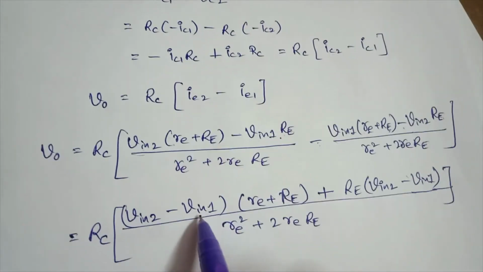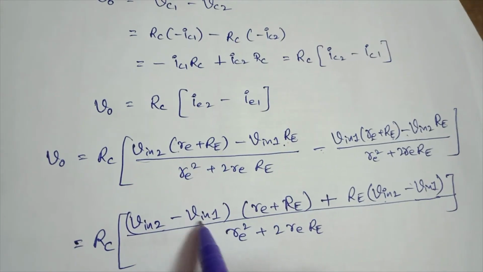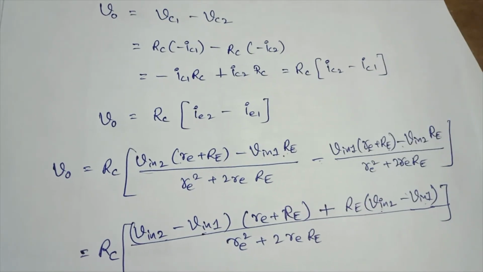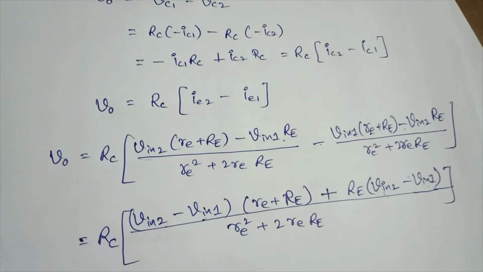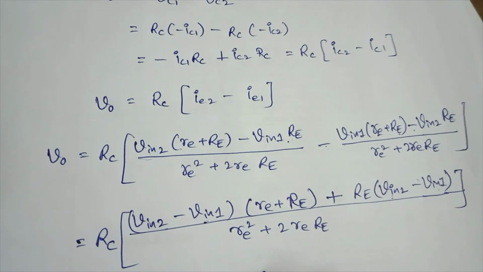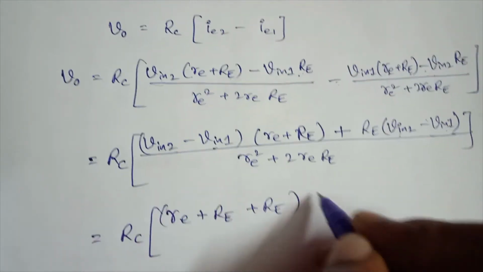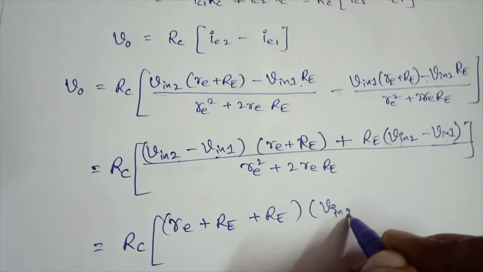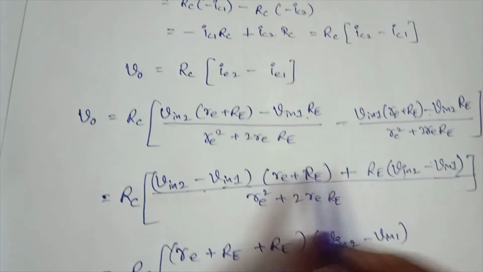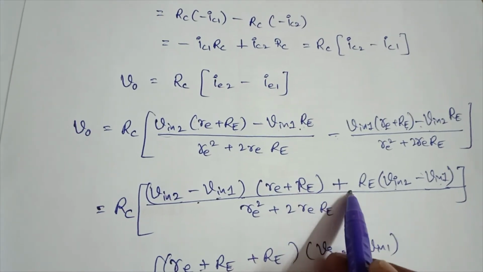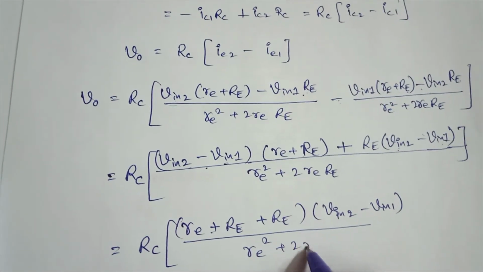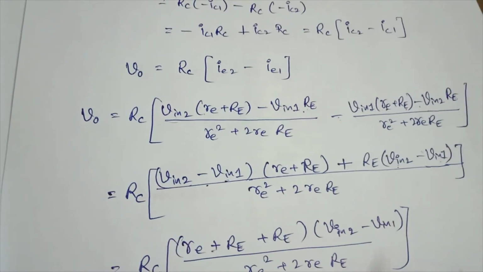So if you observe, the numerator term consists of Vin2 minus Vin1, Vin2 minus Vin1. Again take the Vin2 minus Vin1 common, then it becomes re plus RE plus RE into Vin2 minus Vin1. So Vin2 minus Vin1 taken common, then it becomes re plus RE plus RE divided by re square plus 2re into RE.